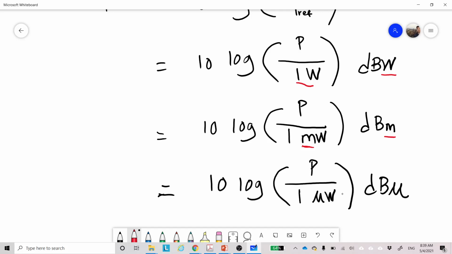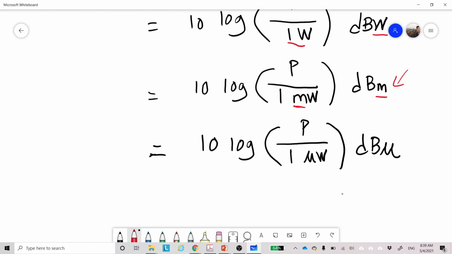Remember, here it is dB milliwatt. It's not milligram, millimeter or whatever. It is a dB milliwatt. And if you want to produce a micro, that means the reference value here is micro, and we will produce a value in terms of dB microwatt.